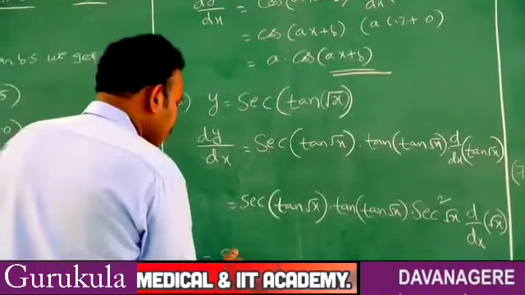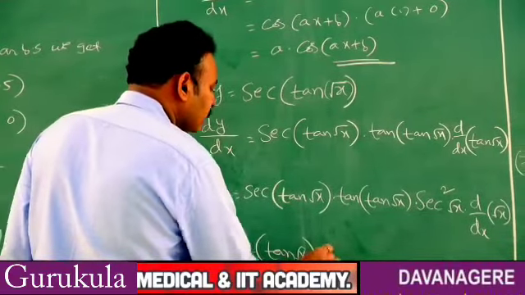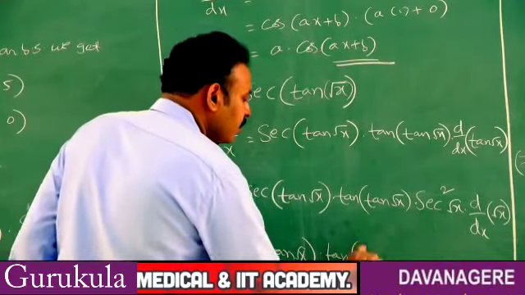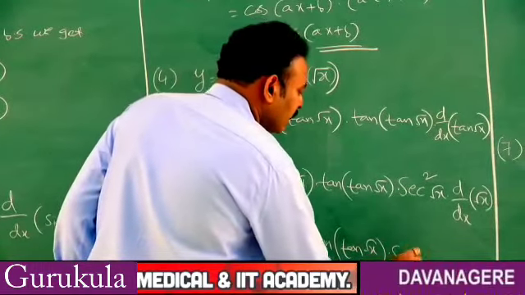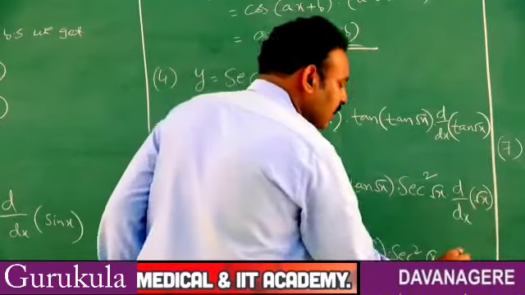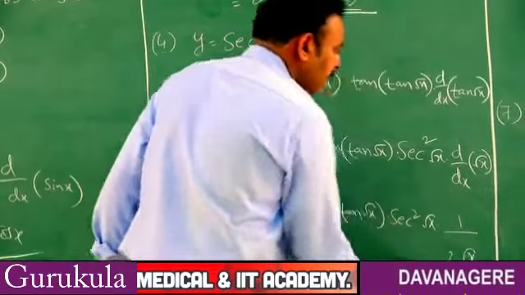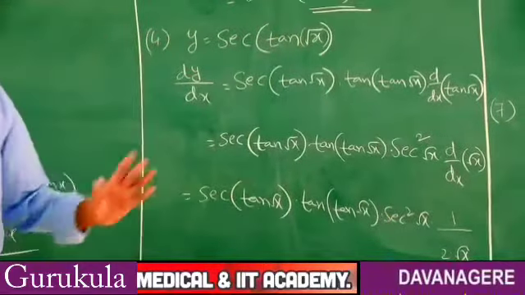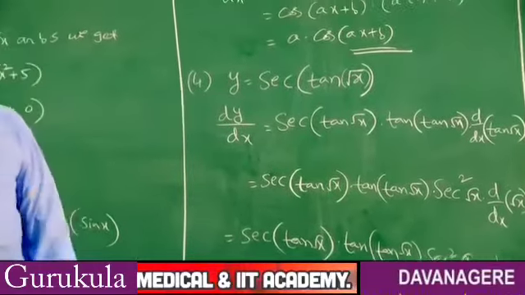Now it becomes secant of (tan root x), tan of (tan root x) into secant square root x. The derivative of root x is 1 by 2 root x, students. This is the final simplification.